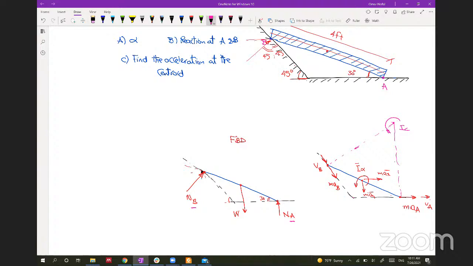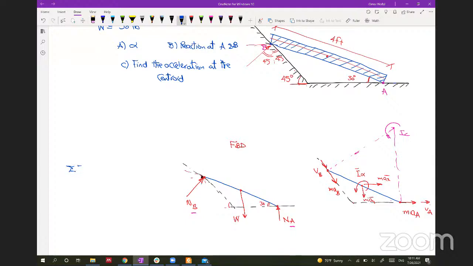The acceleration will also appear here, because these are our equations: the sum of Fx equals m ax bar, the sum of Fy equals m ay bar, and the sum of moments about G equals I bar multiplied by alpha. We don't know ax and we don't know ay, and we also don't know alpha, and NA and NB will show in the final forces. So we will end up with 5 unknowns in the equations.